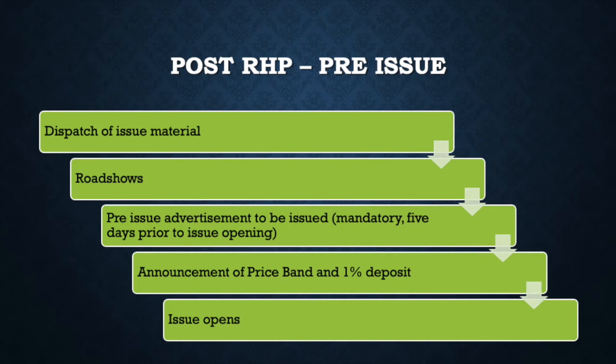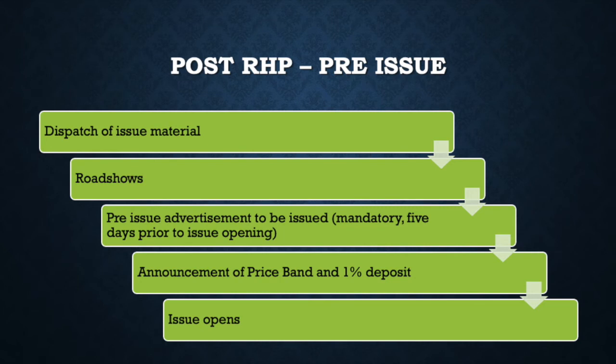Now, 5 days before the issue opens, we make an advertisement in various newspapers. Typically it's in an English national daily, a Hindi national daily, and if the company's registered office is in a location or a state where Hindi is not the prevalent language, then an advertisement in a newspaper of that vernacular, right?